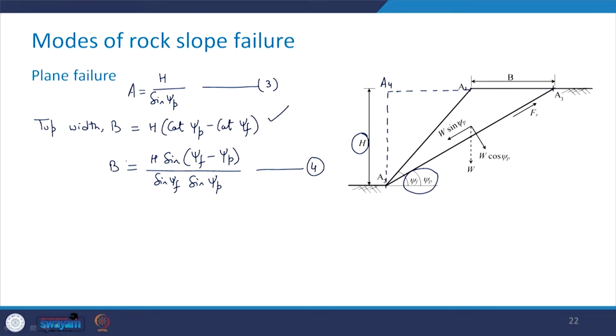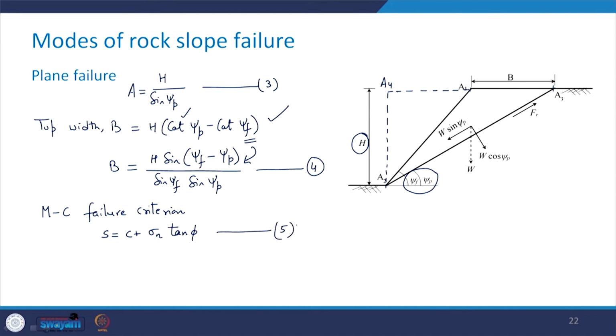I have not done anything, just I have written cot as cos upon sine and then made this form into this particular form. Now, since this is following Moore Coulomb failure criterion as per our assumption, what we have here is S is equal to C plus sigma n tan of phi. This we have already learnt.